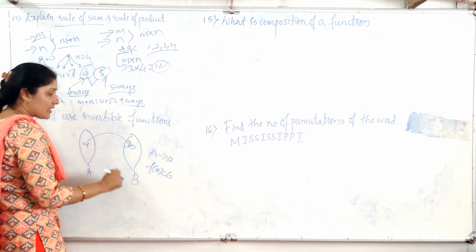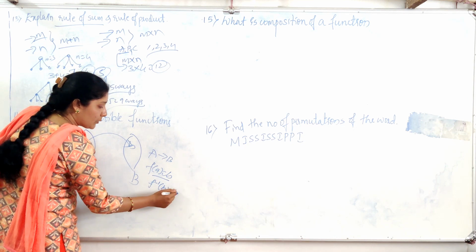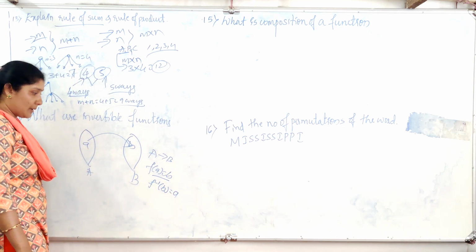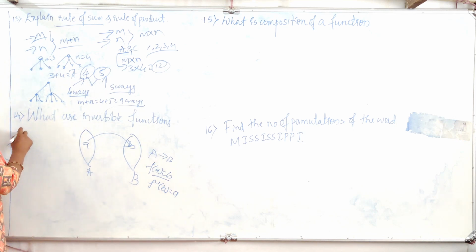Inverse means what exactly? f inverse of b is equal to a. That is the meaning. So for example, if set A is A, B, C and set B is 1, 2, 3.